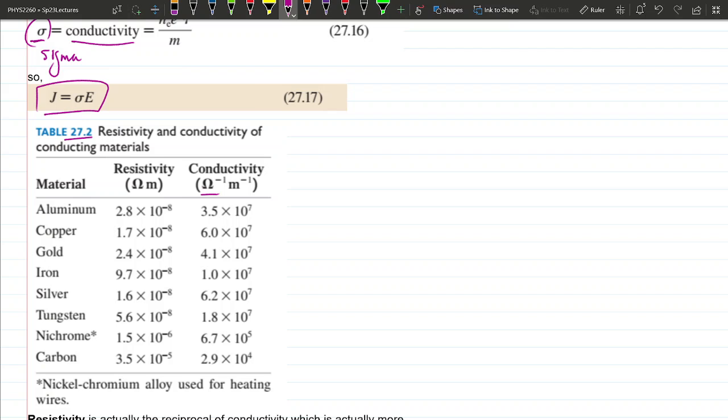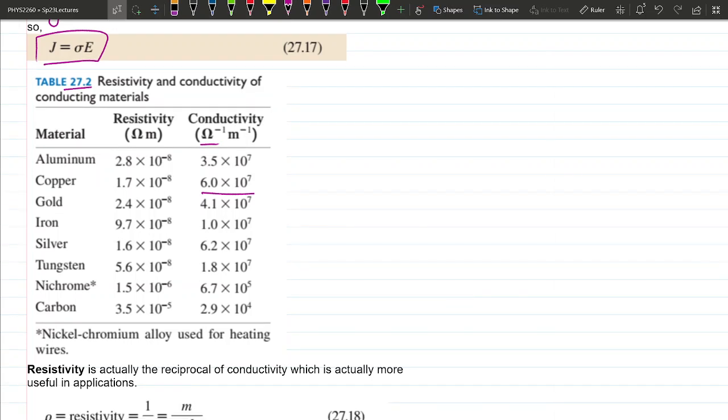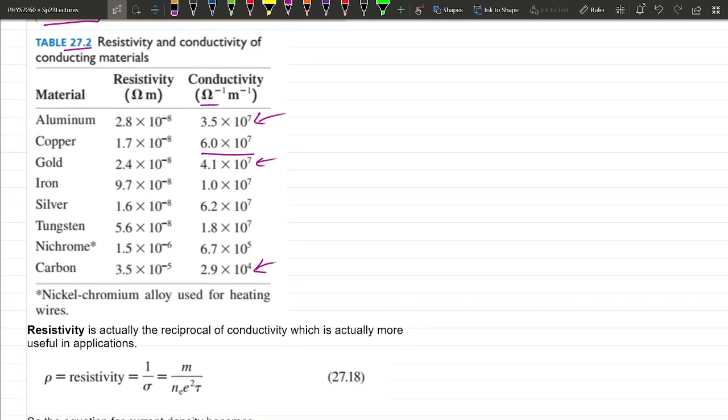For example, the conductivity for copper is 6 times 10 to the 7. Gold is also a good conductor. Aluminum is not as good. Carbon, like a sheet of graphite, is much lower because it is a bad conductor.